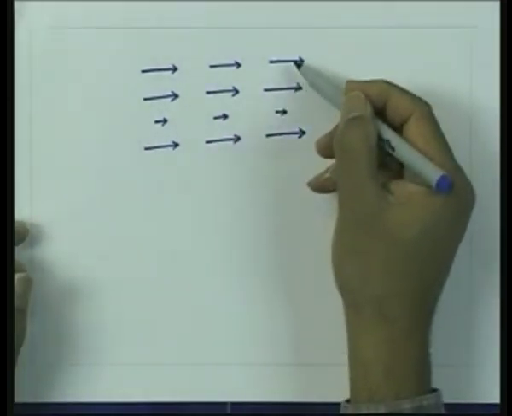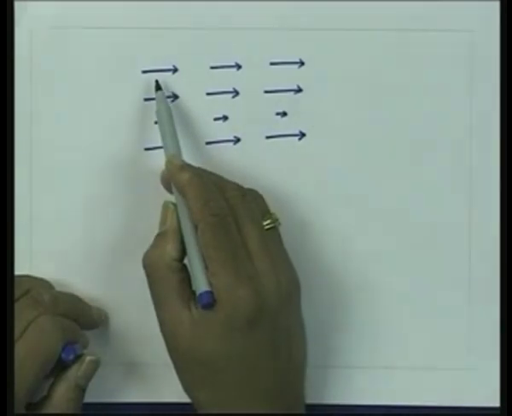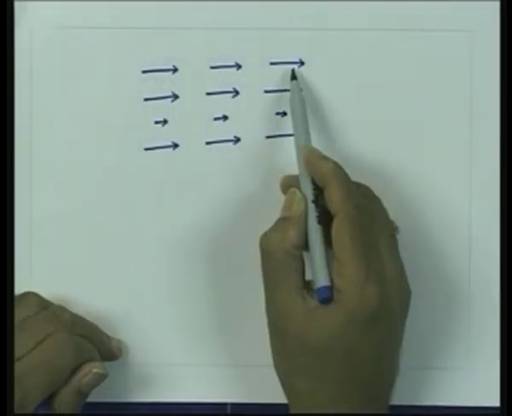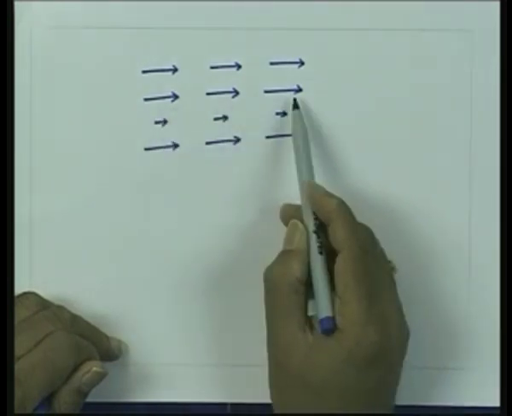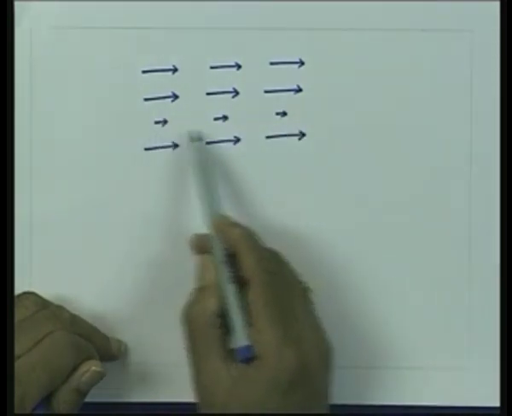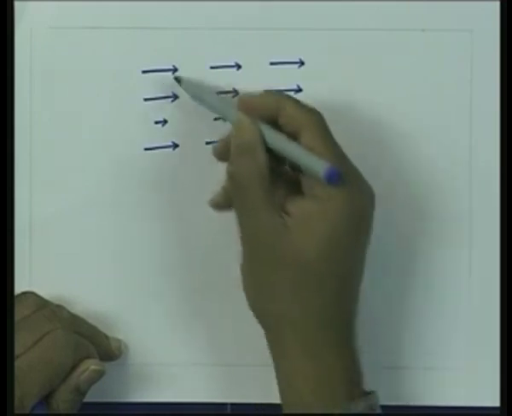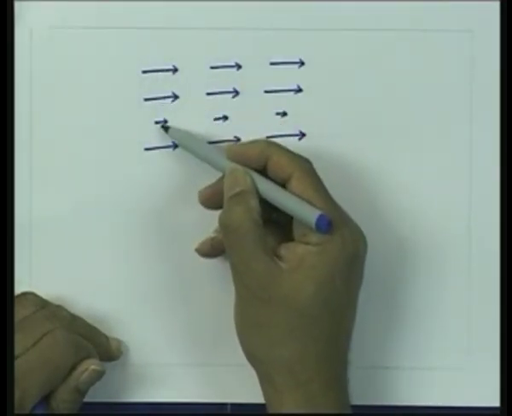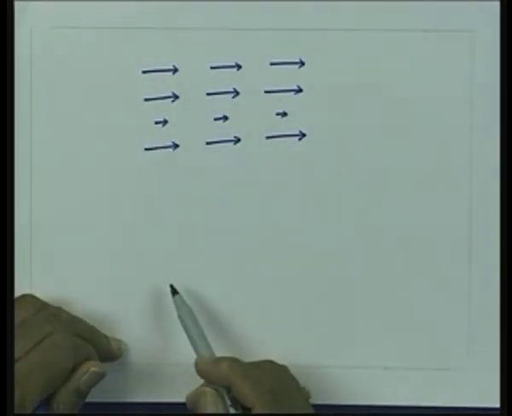So, if I consider a vector field like this, that means if I consider the magnitude of the vector here, here, here, they are same. It is here, here, here is same, but if I move in this direction, this value is same, but this value is different, and so on.